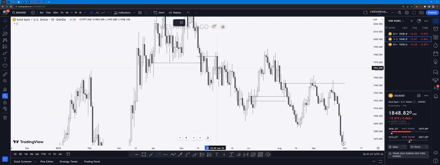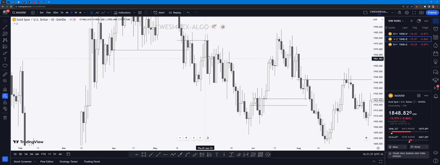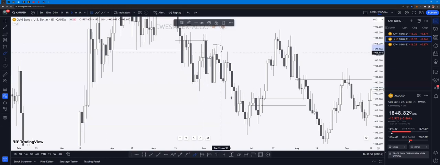You can see this bearish candle broke this support over here. After this breakout, what do we look for? We look for a pullback and then our entry.